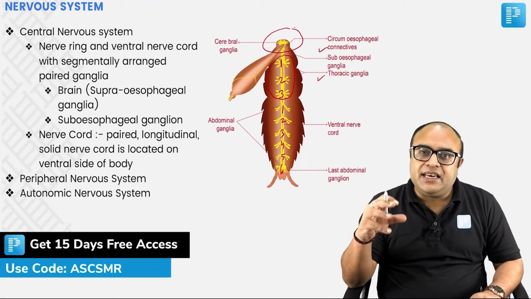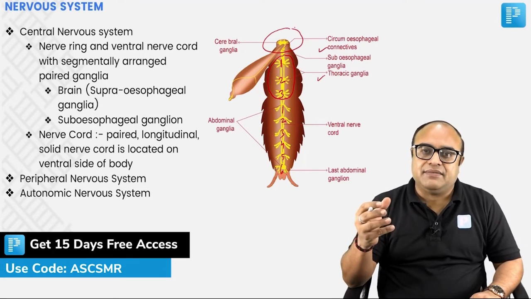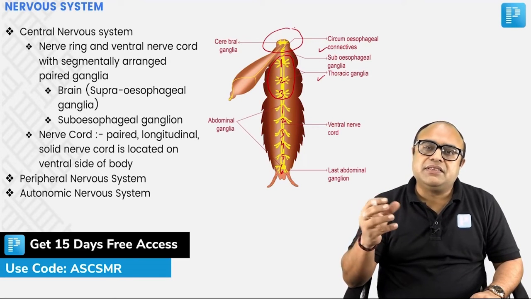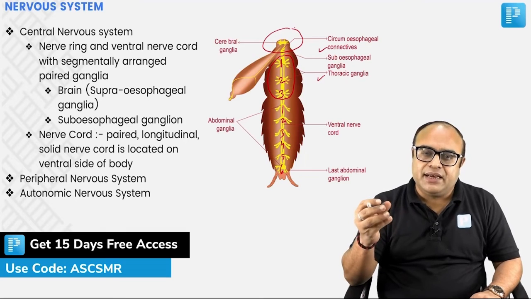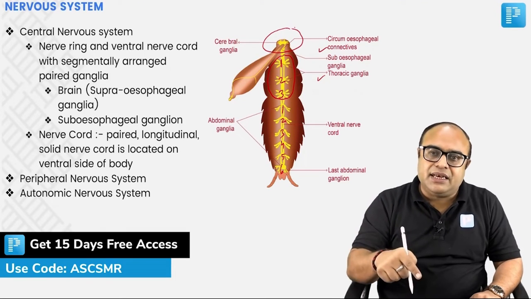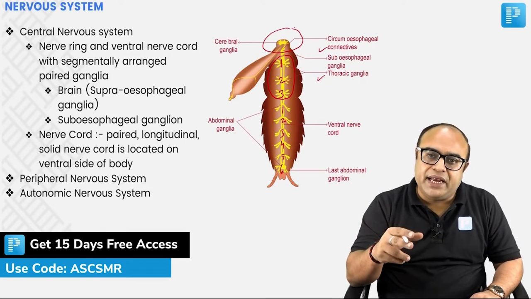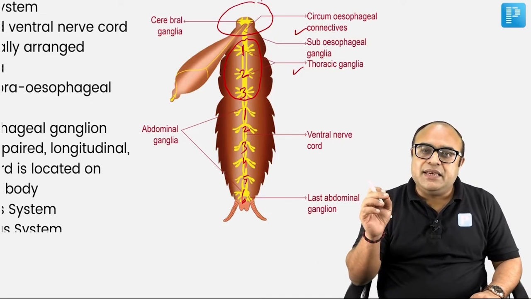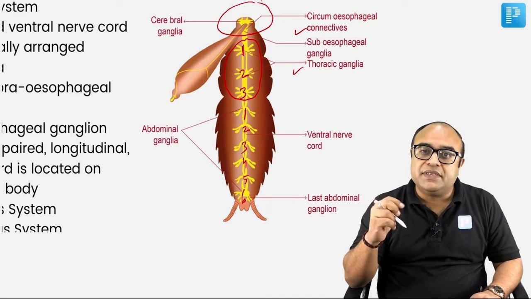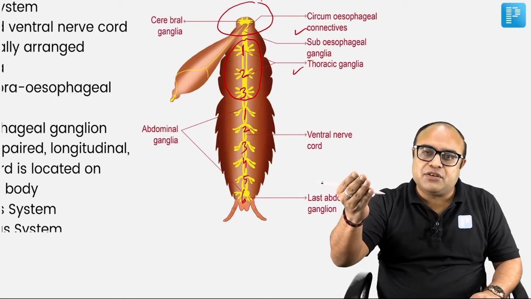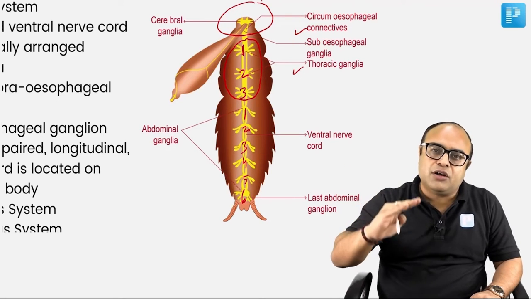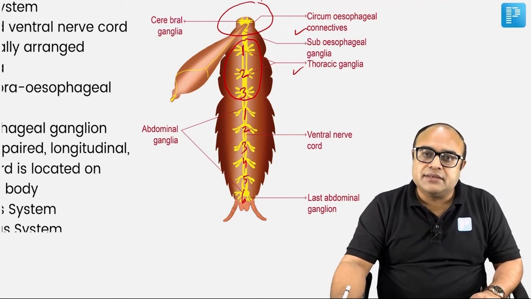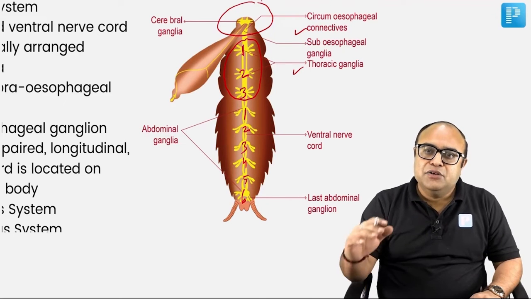See the central nervous system, try to say it, central nervous system. The central nervous system in humans comprises a brain and a nerve cord. Similarly, in the cockroach it also consists of a brain and a nerve cord. Just see the diagram. The brain is represented by 2 pairs of ganglia, present either on the dorsal surface of the esophagus or on the ventral surface of the esophagus. Okay.